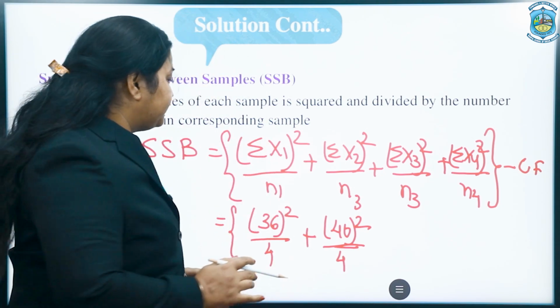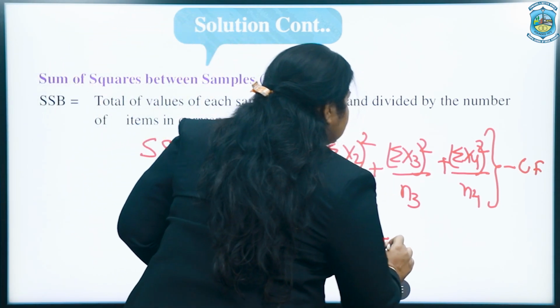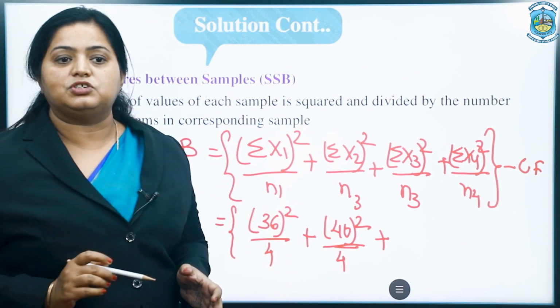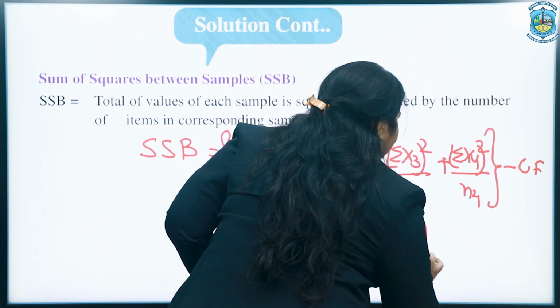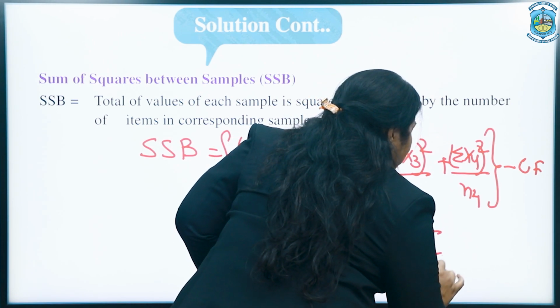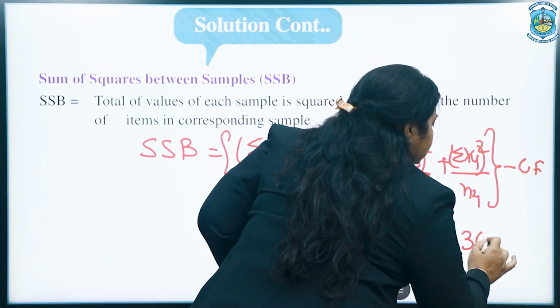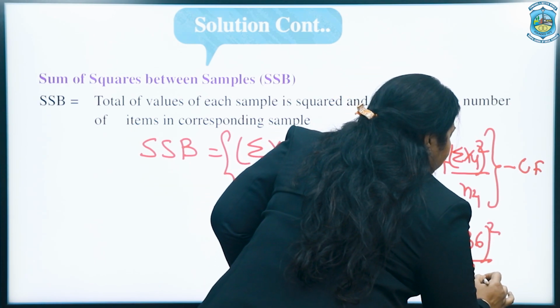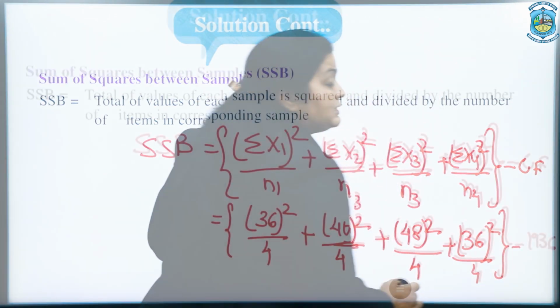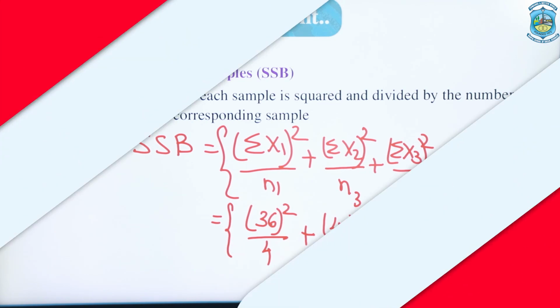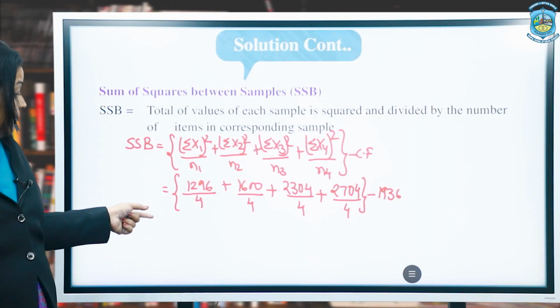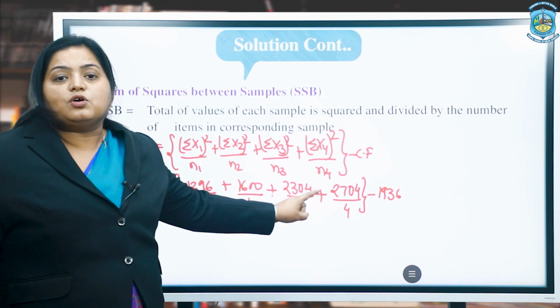The summation of x3 is 48, so 48 square divided by n3, that is 4, and the last one is also 36. So 36 whole square divided by 4, minus the correction factor, which is 1936.